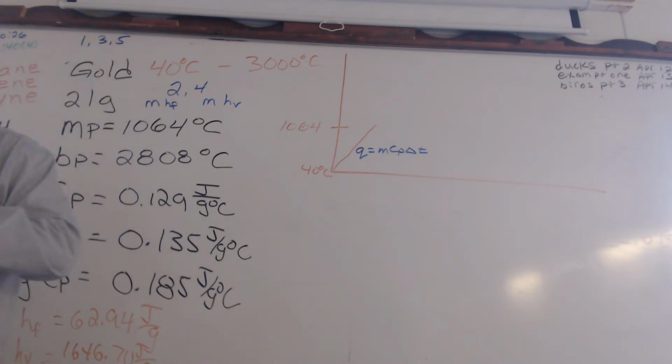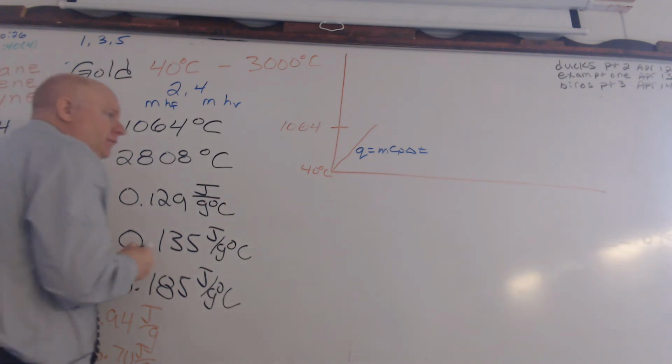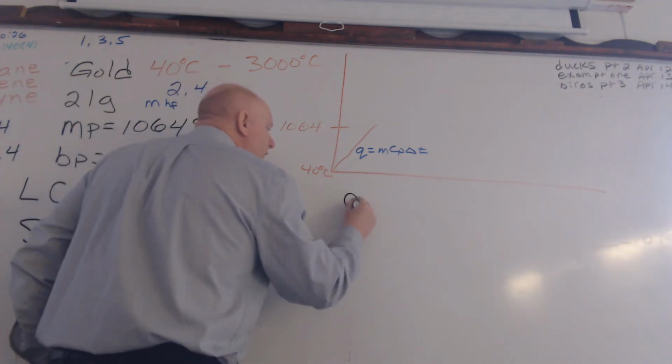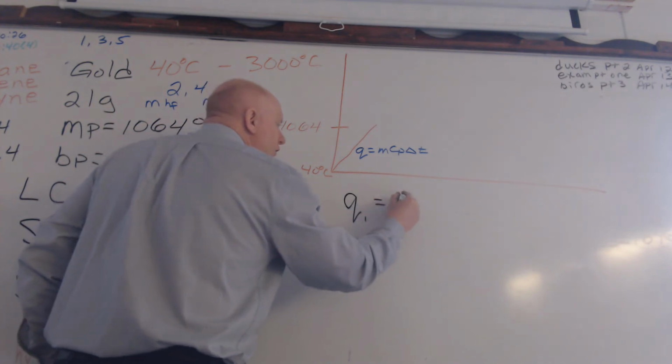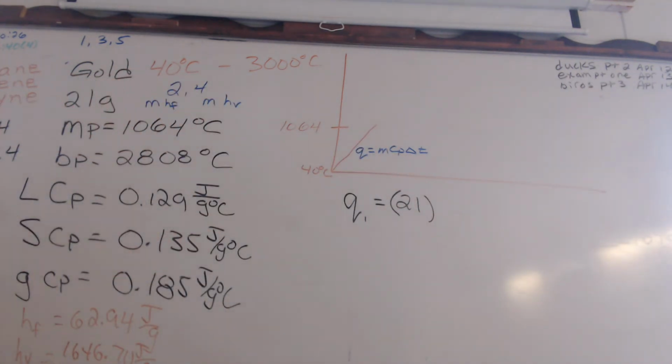You're right when you say 21, because that's what we started with for a mass. Okay, so our first quantity then, or Q1, equals 21. Okay, what is the specific heat for solid gold? Okay, here it is, 0.135.